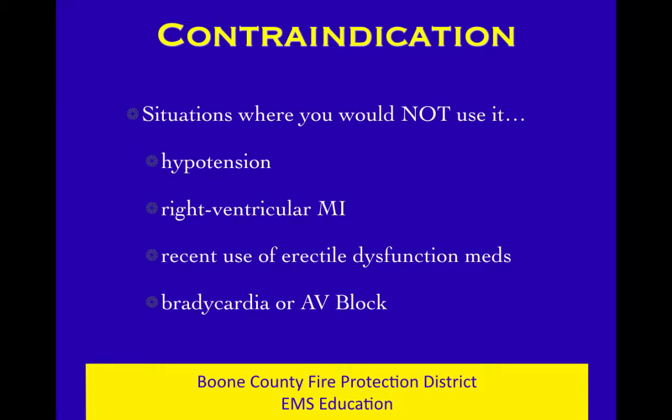You would not use nitroglycerin when the patient has recently used his erectile dysfunction meds. It says so on the commercial. And you would not use nitroglycerin when the patient's bradycardic or has an AV block, which you're not even sure what that is yet. That's fine. There are 4 contraindications to nitroglycerin, and you will start to learn them.